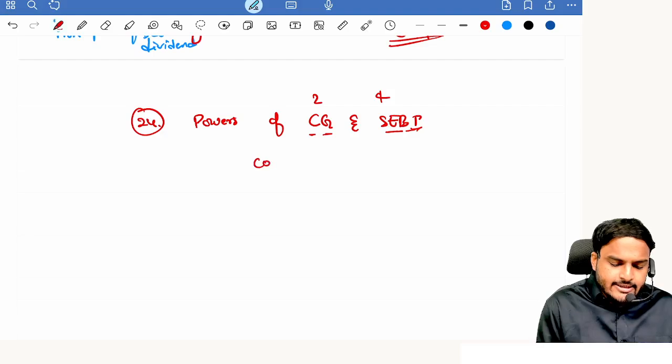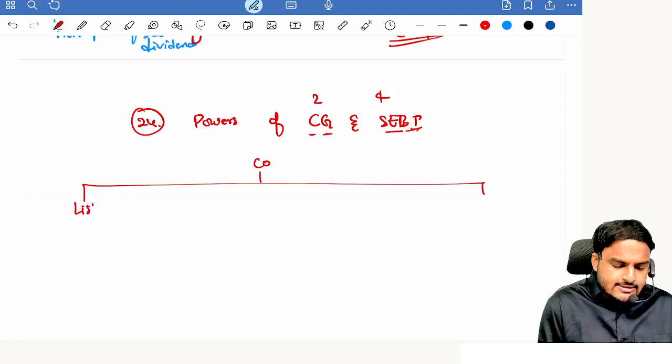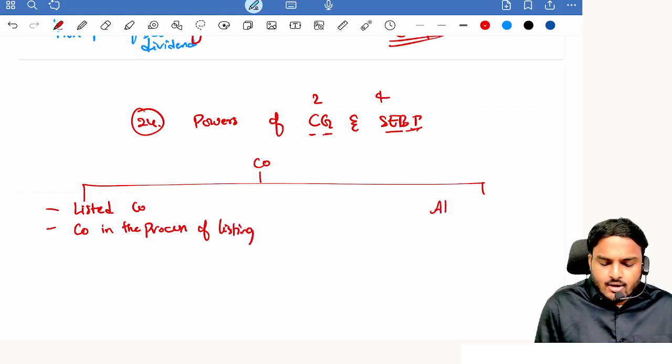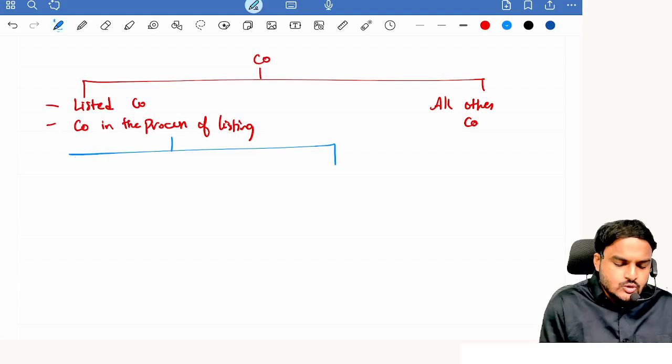So once again I am writing here, just follow me. Company, how many types? 2 types. One is listed company, and the next one is company in the process of listing. Second category, all other companies. Now in these two companies, I am categorizing activities into two parts.